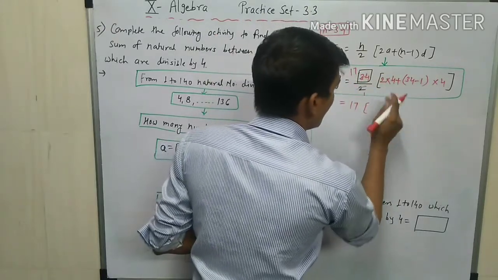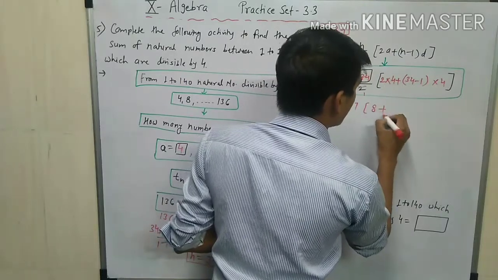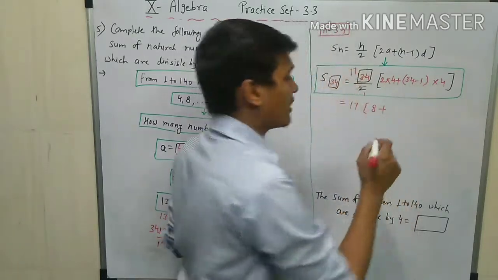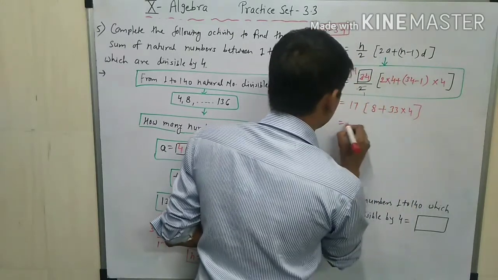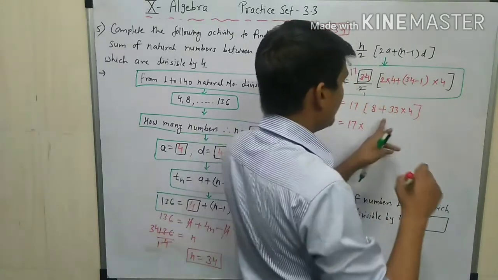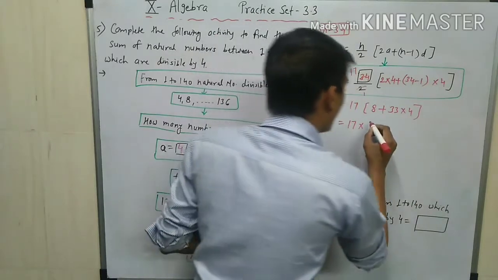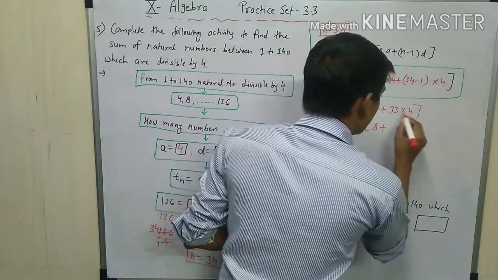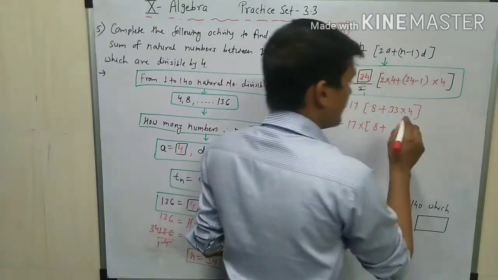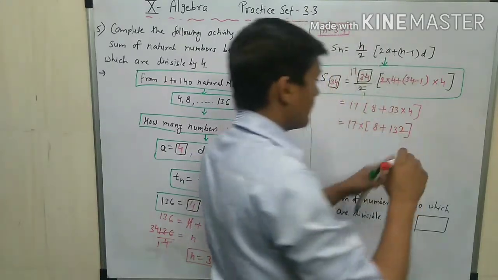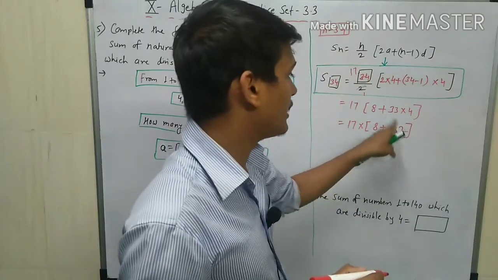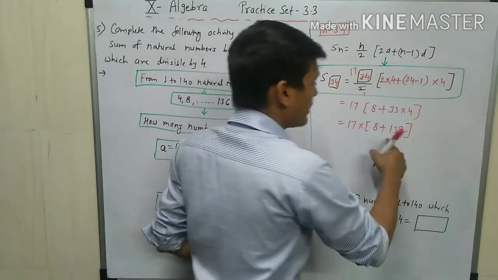Now 4 twos are 8 plus 34 minus 1, which is 33, into 4. Now 17 into 33 into 4. 33 into 4: 4 threes are 12, carry 1, 4 threes are 12, plus 1 is 13, so 132.